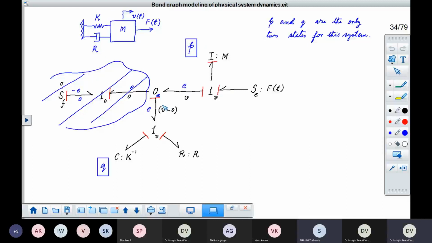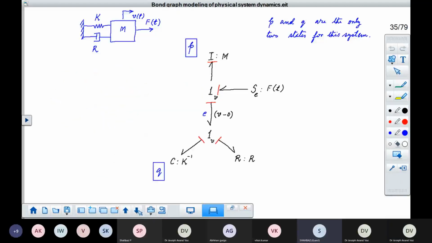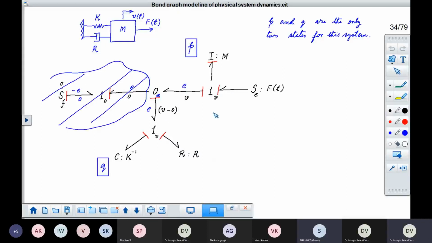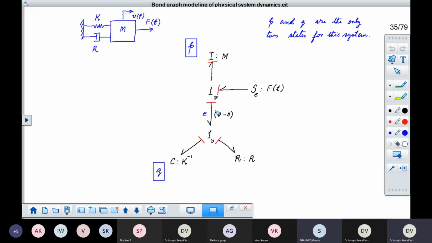So this zero junction, because it has the same effort, information of effort, and also because this is a velocity, the same velocity, you can directly couple this one junction to this. You can eliminate this zero junction. And placing this one junction directly over here is like making it like this. So you just switch it over here, remove that zero junction to get this.